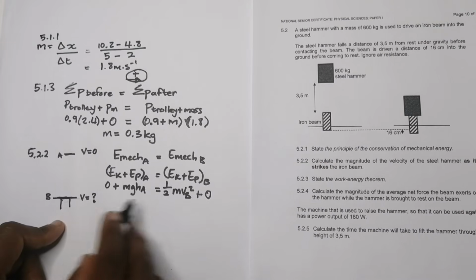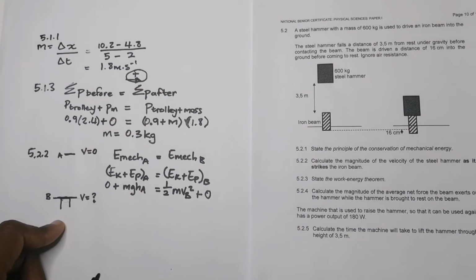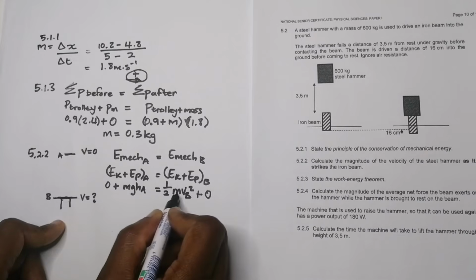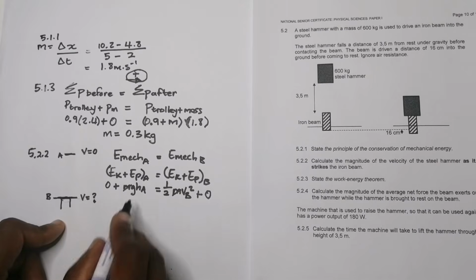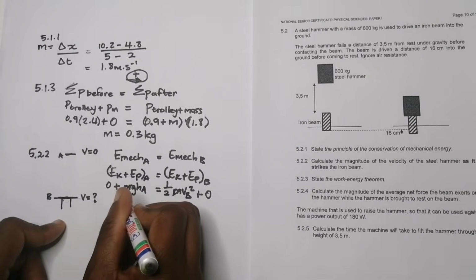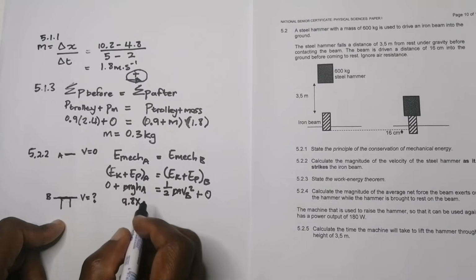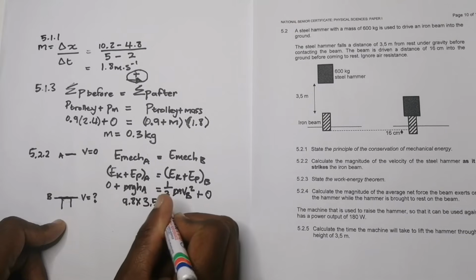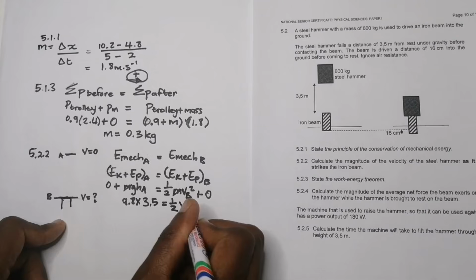By the way, the beauty about this is that even if they didn't give me the mass of the steel hammer, I can simply divide both sides by the mass, and that gets rid of those two. So I know my gravitational acceleration, 9.8, multiplied by the height of 3.5, is equal to 1 over 2 times VB squared.